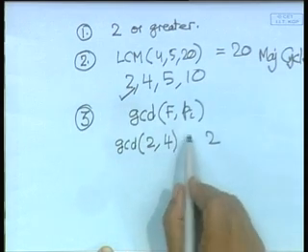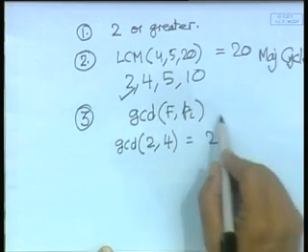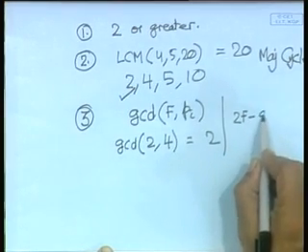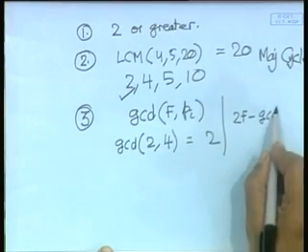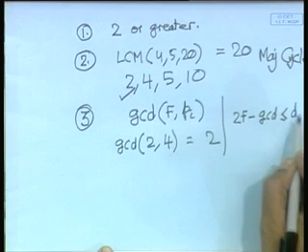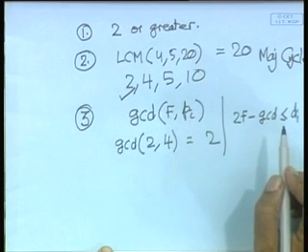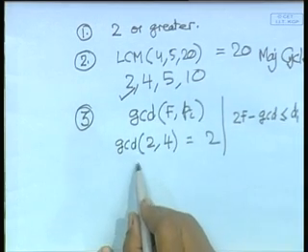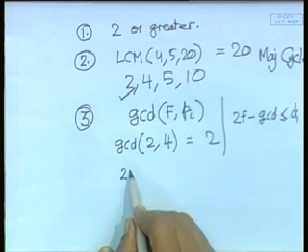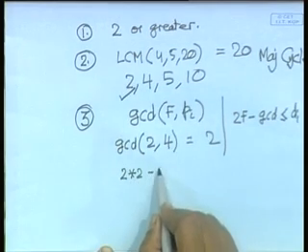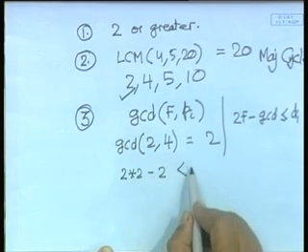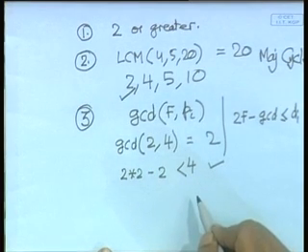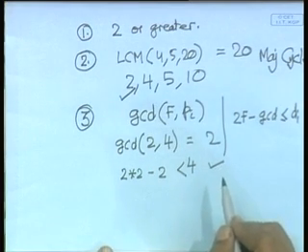So, the constraint is 2f minus GCD is less than or equal to di, that was the constraint if you remember, is not it. So, 2f will be 2 into 2 minus GCD 2 is less than the deadline 4, satisfied for the first task, there will exist at least one frame.